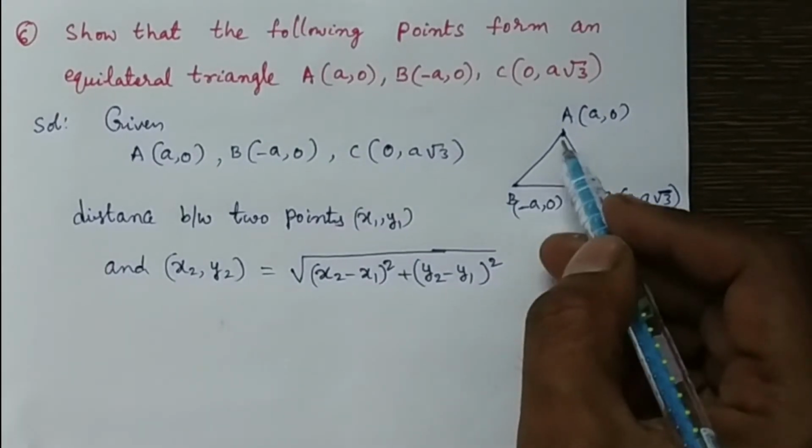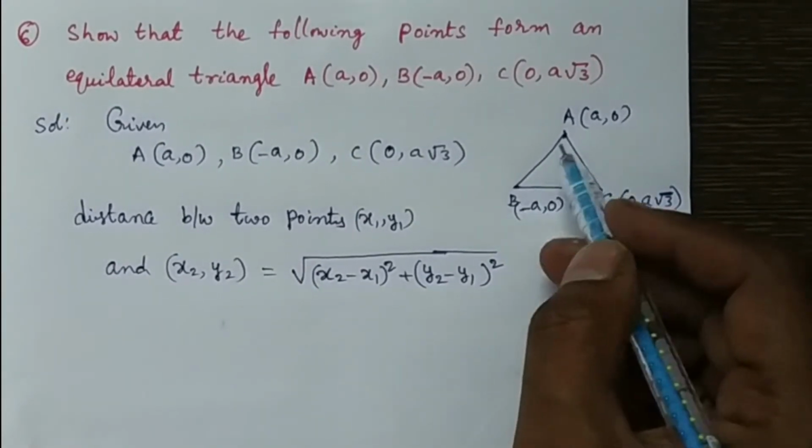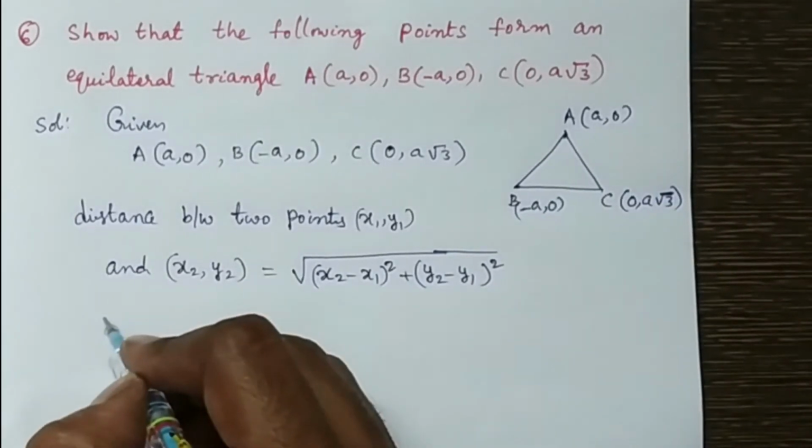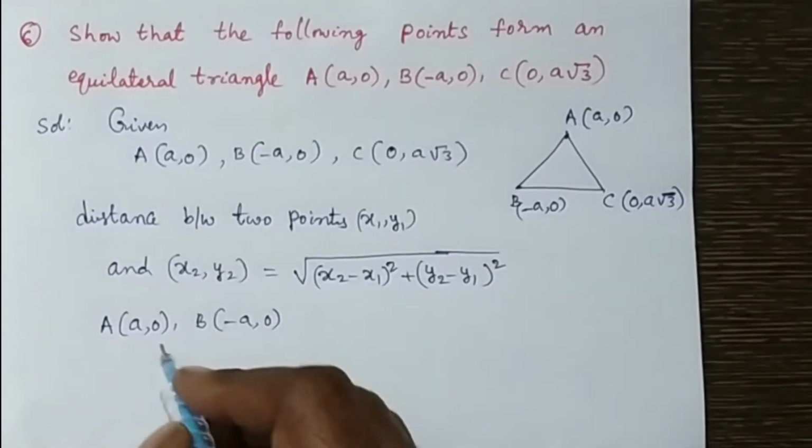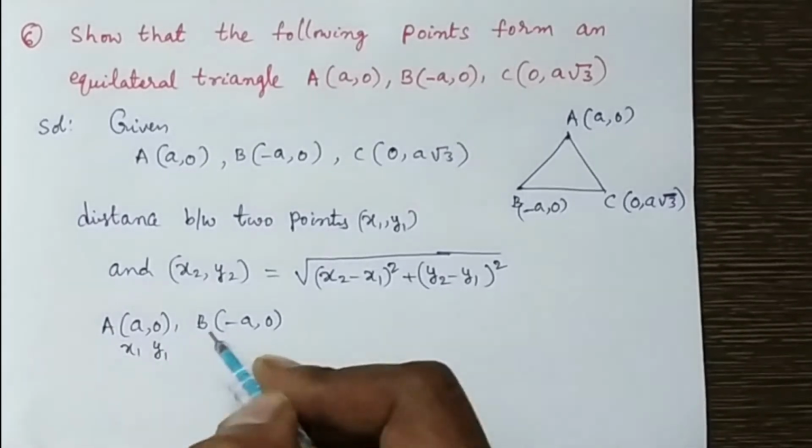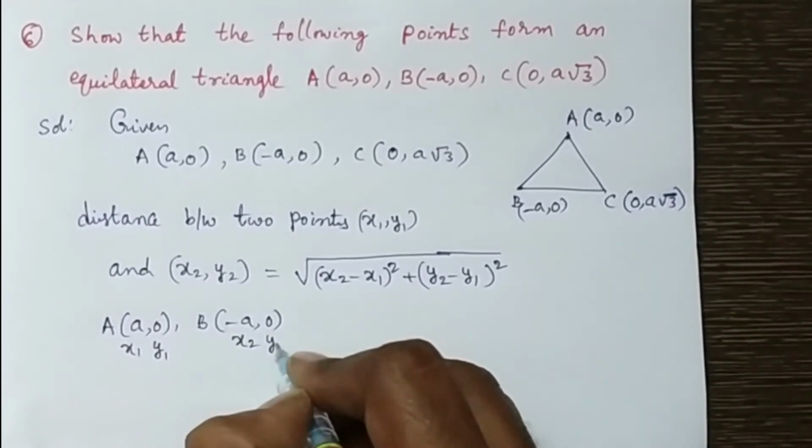First we have to find the distance of AB, that means the length of AB. Take the points of AB, take the first as x1, y1 and this point as x2, y2.